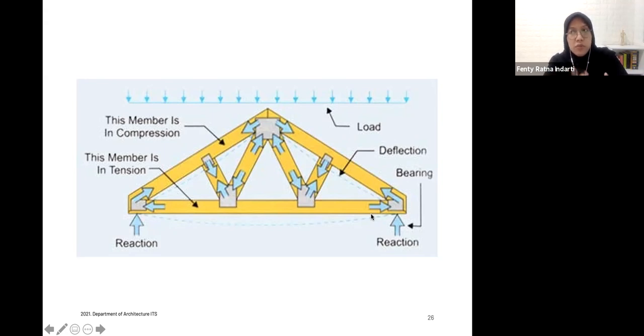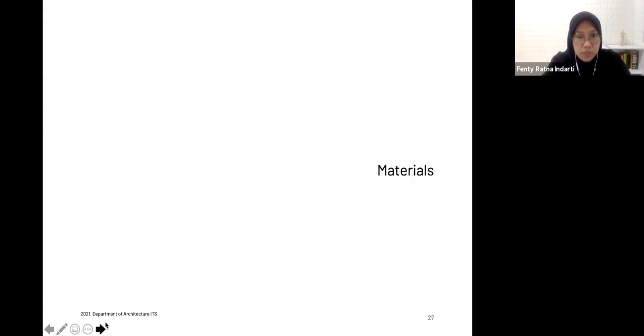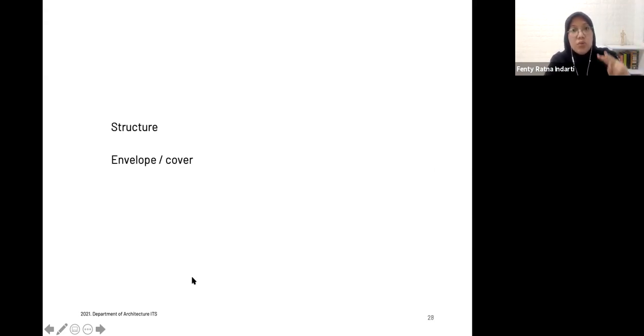Any other thing doesn't actually distribute the load, but it's trying to manage its own shape first. And then we are talking about materials now. If we are talking about materials on a roof, there are two materials that must be considered. First, the material of the structure, and second, the material of the envelope or the cover.